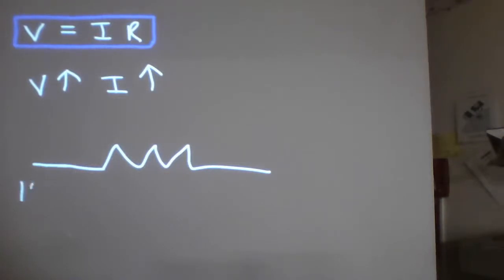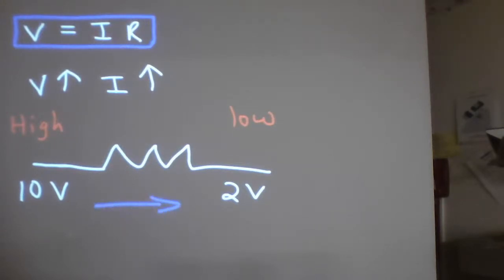So let's say the potential on the left side is 10 volts and on the right side the potential is 2 volts. In which direction will the current flow? Well, the electric potential is high on the left side and low on the right side. So the current will flow from a region of high electric potential to a region of low electric potential.